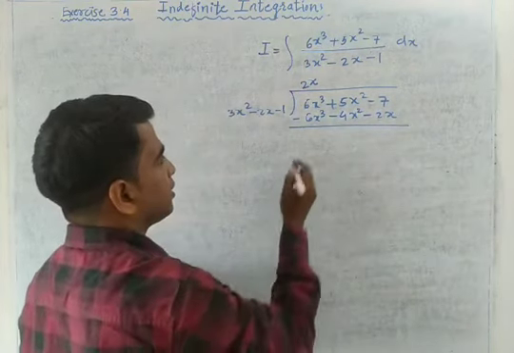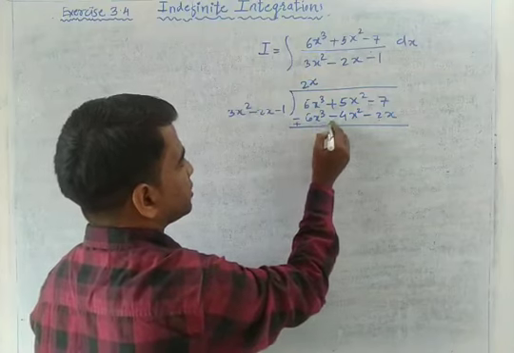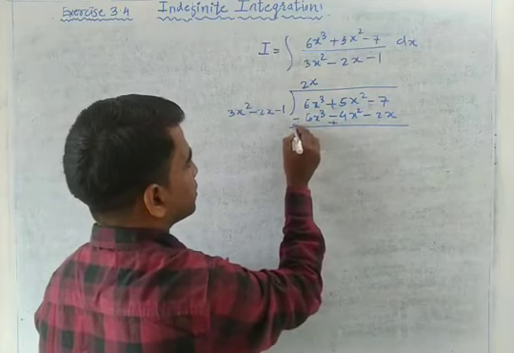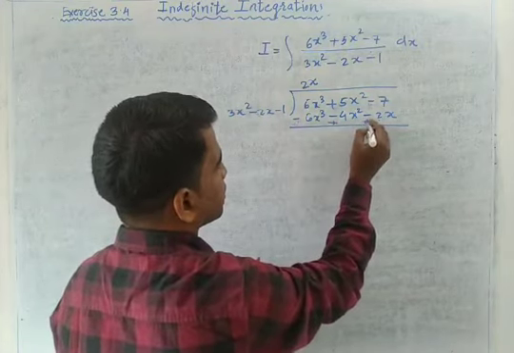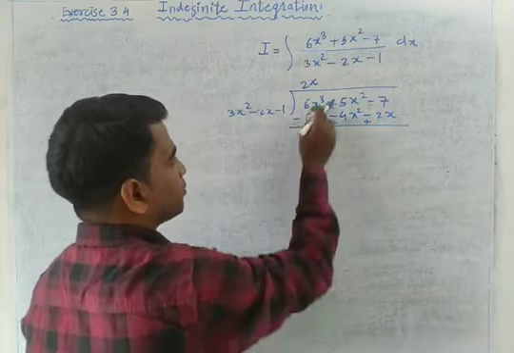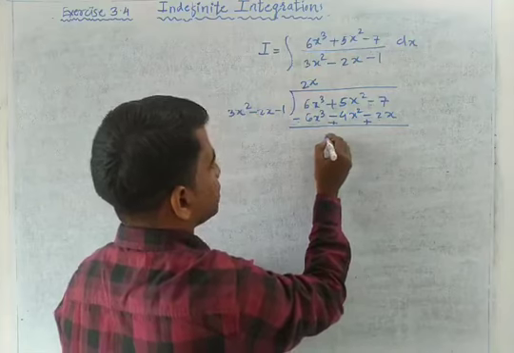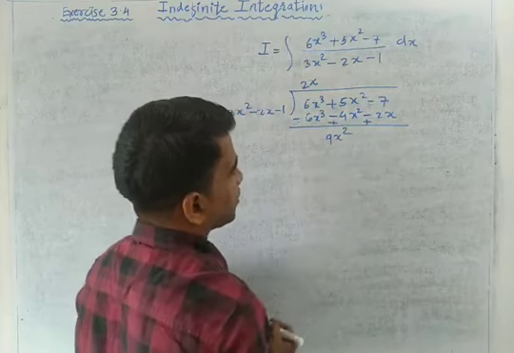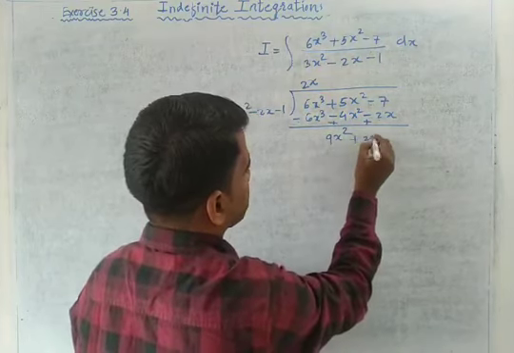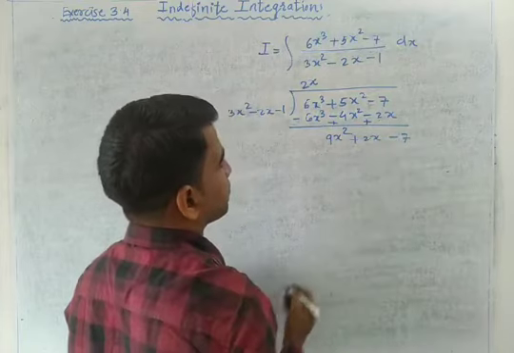Now because of subtraction, signs are going to change. So the first part gets cancelled, so 5x square plus 4x square is 9x square, and plus 2x minus 7.